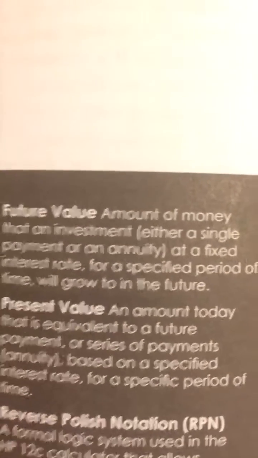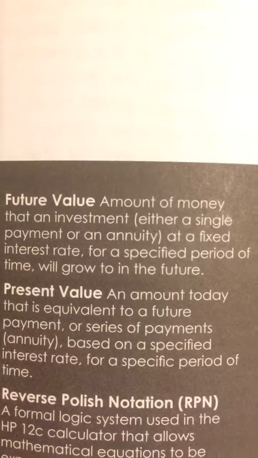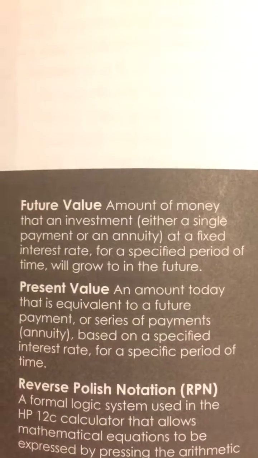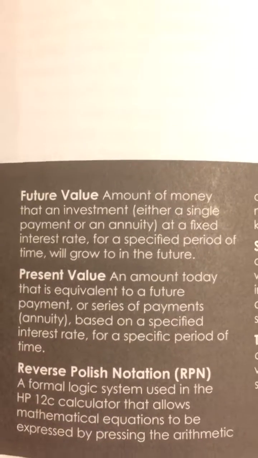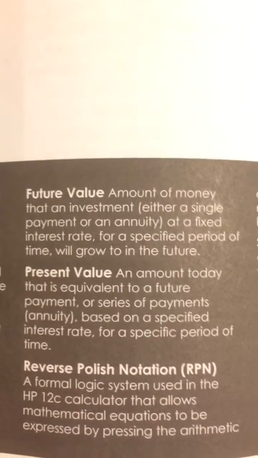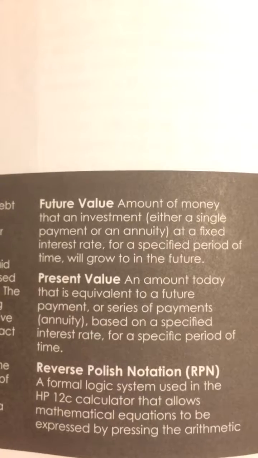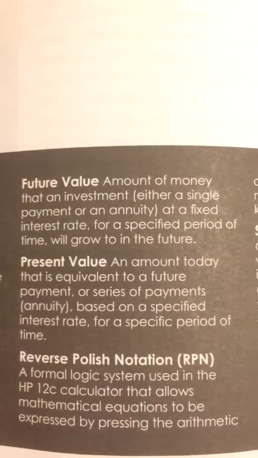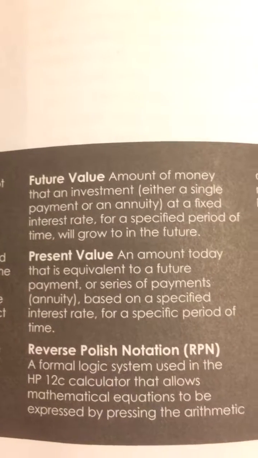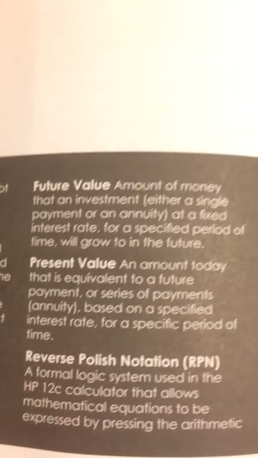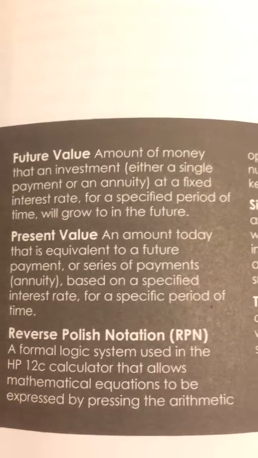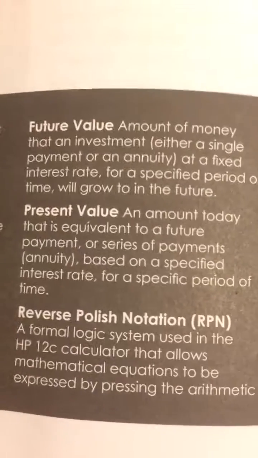Future value, the amount of money that an investment, either a single payment or annuity at a fixed interest rate for a specified period of time, will grow to in the future. Present value, an amount today that is equivalent to a future payment or series of payments, annuity, based on a specified interest rate for a specific period of time.